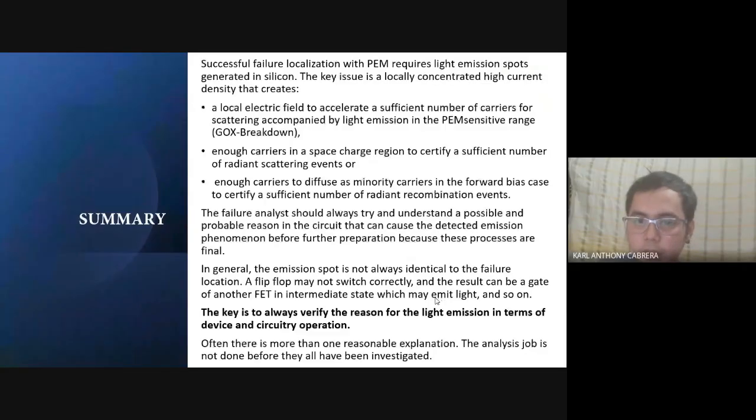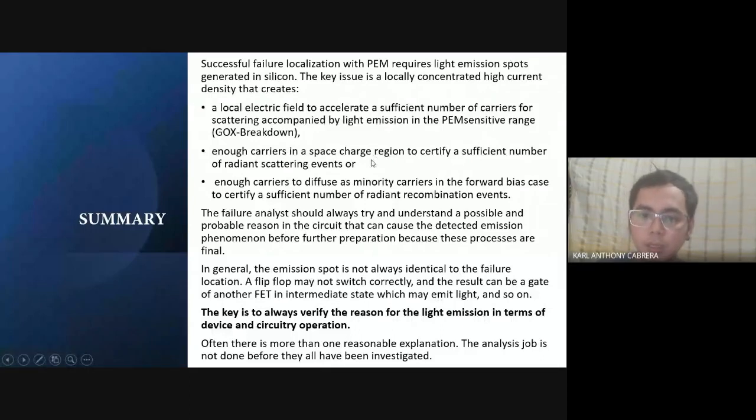Second is enough carriers in a space charge region to certify a sufficient number of radiant scattering events. Or the next one, enough carriers to diffuse as minority carriers in the forward bias case to certify a sufficient number of radiant recombination events.